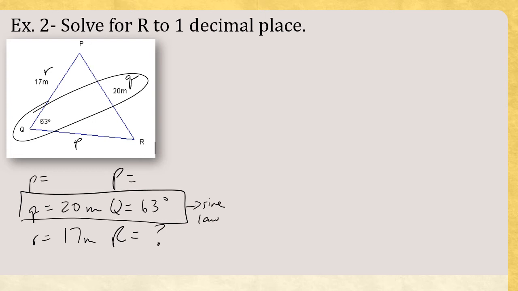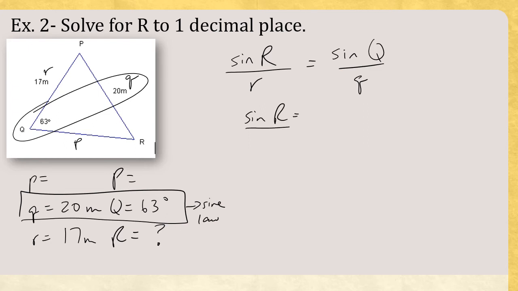Sine law for angles. So we're going to start with what we're looking for first, sine R over R equals. The other ratio is the one you drew the box around, the ratio where you have both pieces of information, which is Q. Fill everything in: sine R over 17 equals, don't forget about the sine, don't just write 63, so sine 63 degrees over side Q, which is 20.